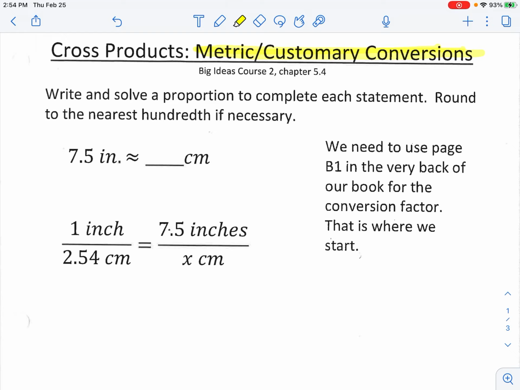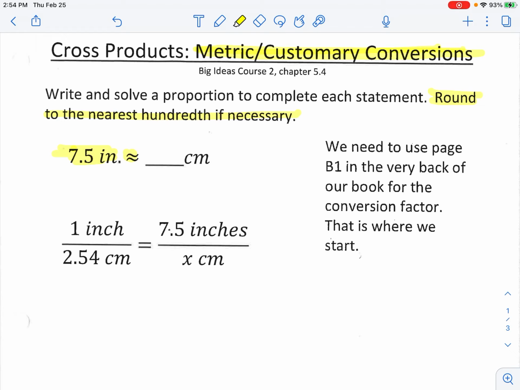Write and solve a proportion to complete each statement. Very important directions. Round to the nearest hundredth if necessary. All right, so the first question is 7.5 inches is equal to about, notice how that equal sign has wavy lines, that means about, how many centimeters?